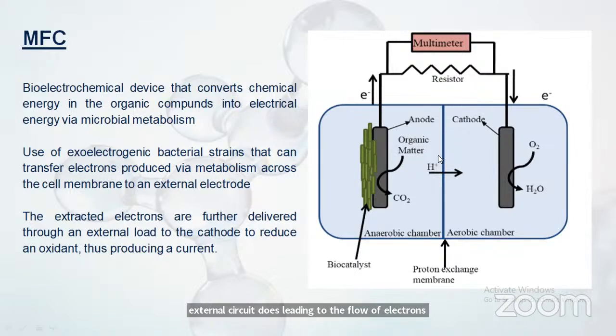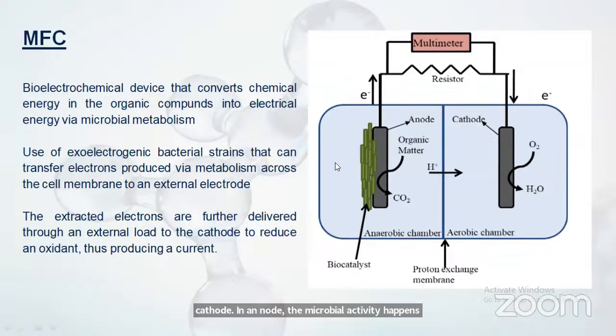This is a general overview, or a schematic representation, of the simplest model of a microbial fuel cell. Here we have two compartments, the anodic compartment and the cathodic compartment. The electrode in the anodic compartment is the anode, while the electrode in the cathodic compartment is the cathode. In the anode, the microbial activity happens.